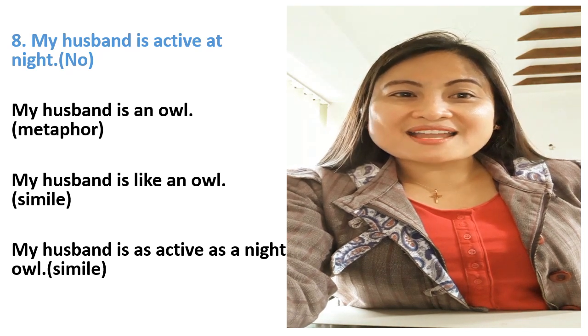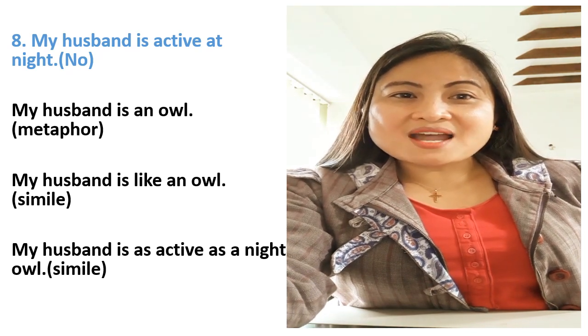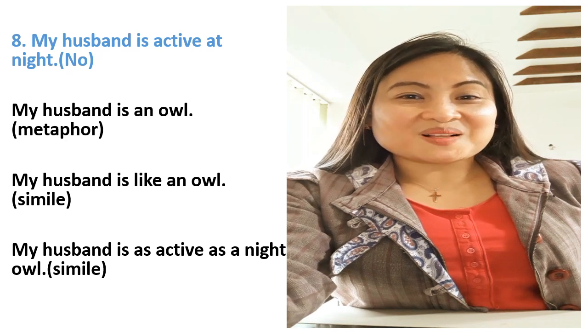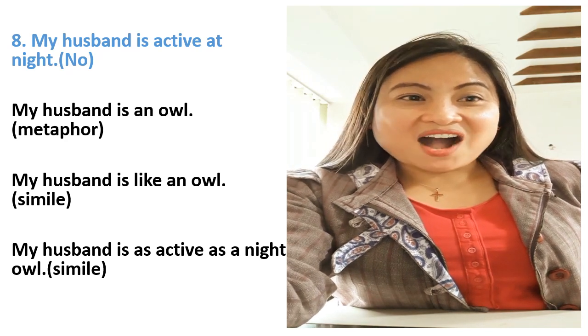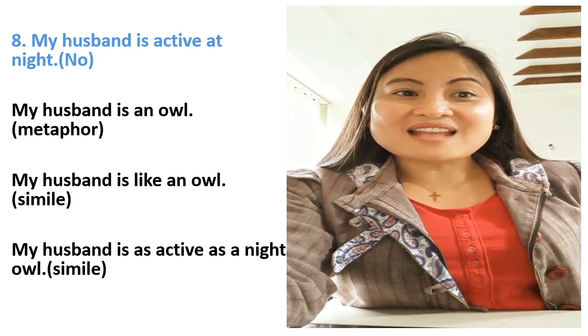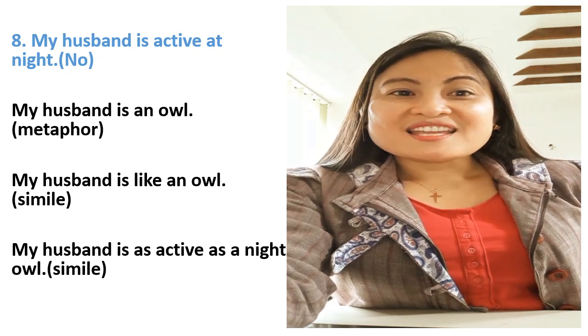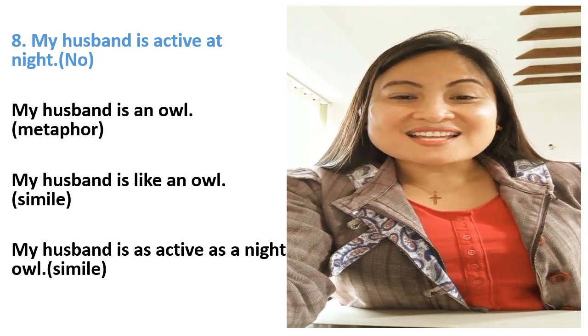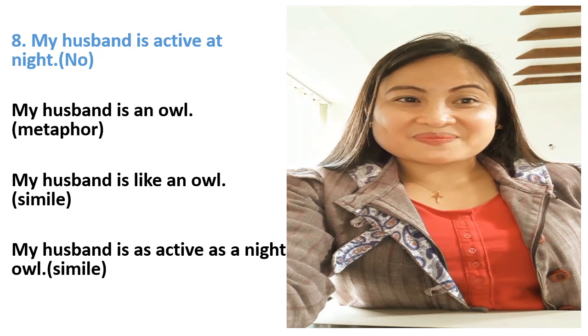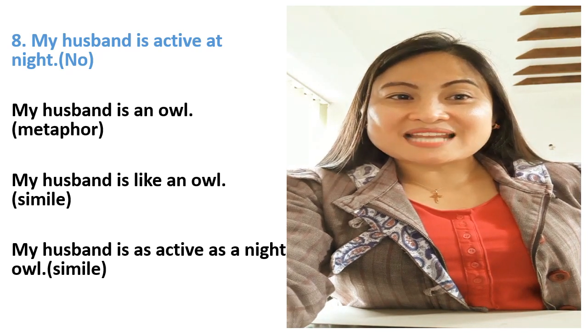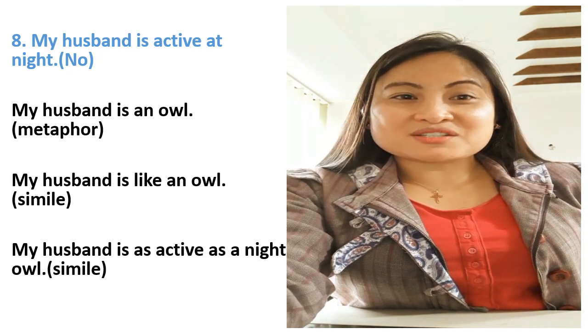So, I have to say, my husband is an owl. An owl is called a night owl because it is active at night, like my husband. My husband is an owl is now a metaphor.